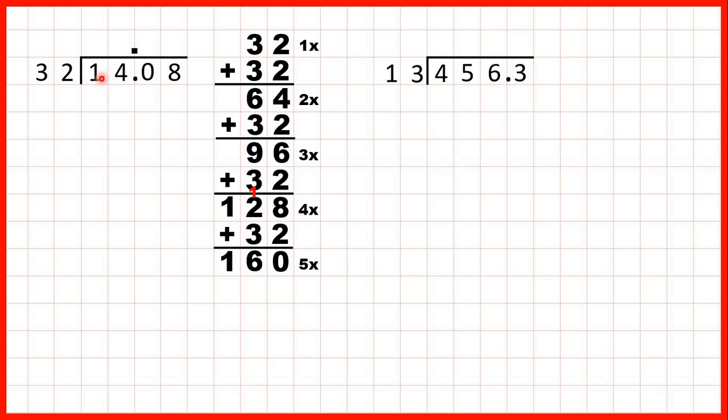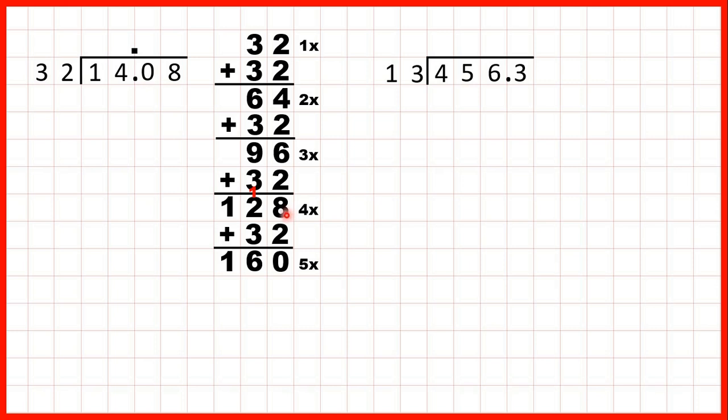So if we take the first 2 digits together, we have 14, but that's less than 32. So what we need to do here is take the first 3 digits together and divide 140 by 32. So we need a number in the 32 times table that's as close to 140 as possible, but not more than 140.